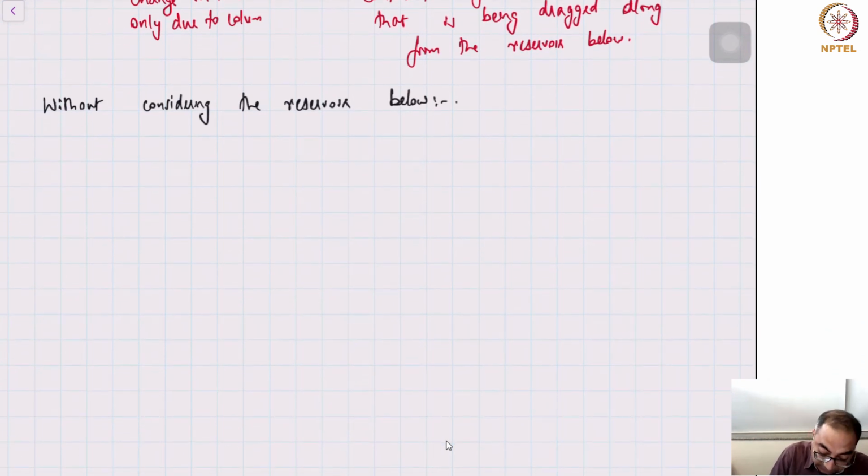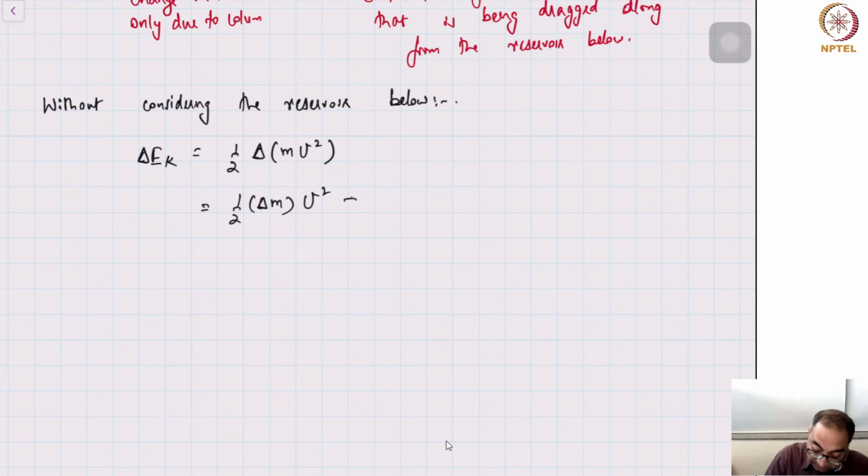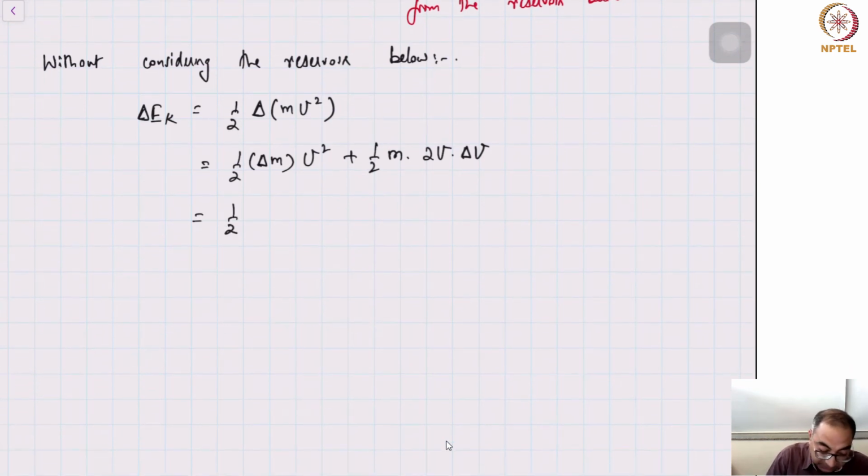Without considering the reservoir below, the change in the kinetic energy would be half m u square, and this quantity would be half delta m u square plus half m of 2u delta u. That's because of the change in the second term. And I can clearly write down the first term: if I do not consider the reservoir, I only have the column.